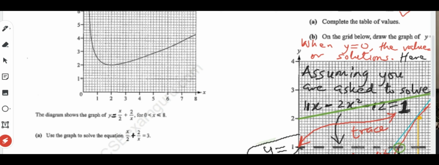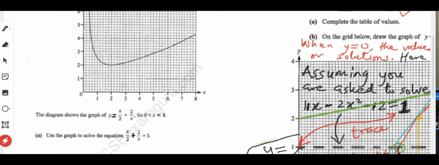Look, anytime you're given this kind of thing, look at the original equation plotted. Original function. What's the original function? Y equals x over 2 plus 2 over x. Yes, the original function is y equal to x over 2 plus 2 over x.